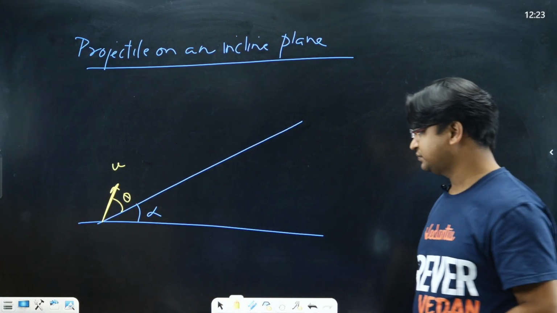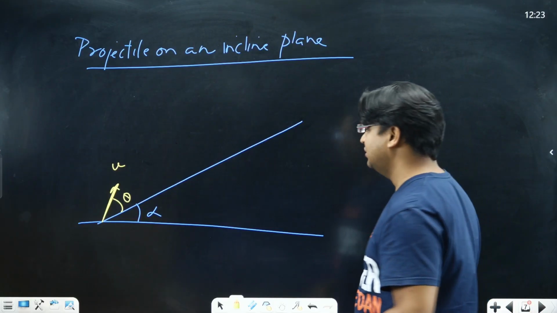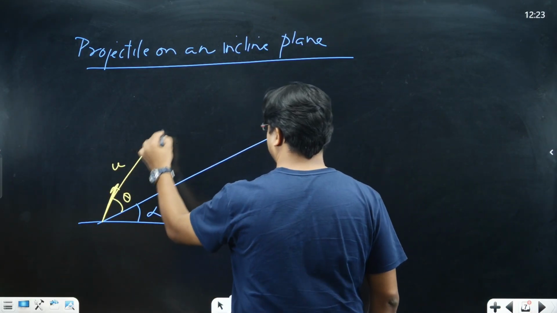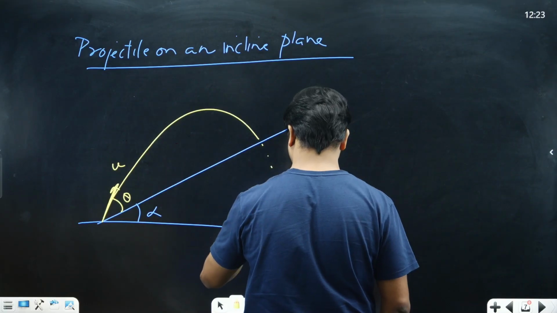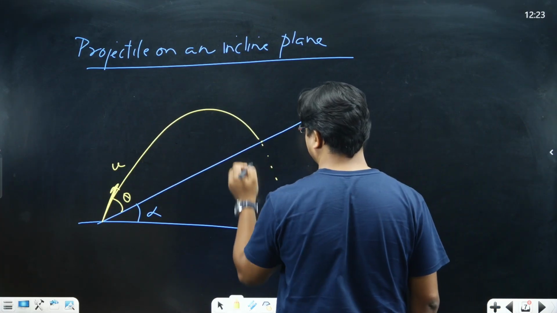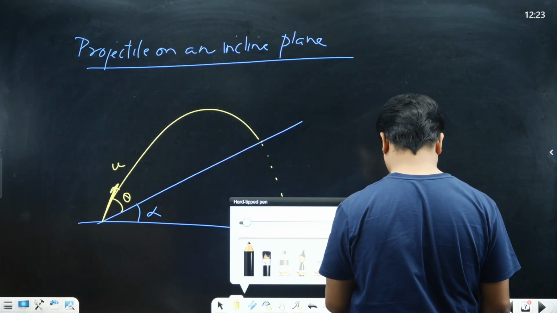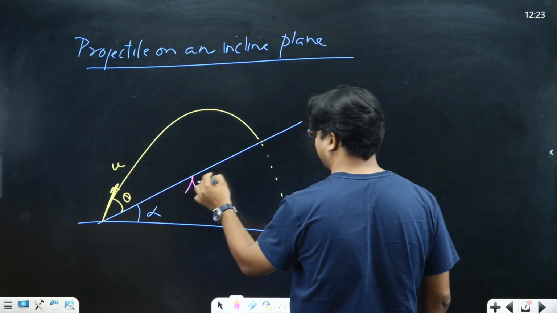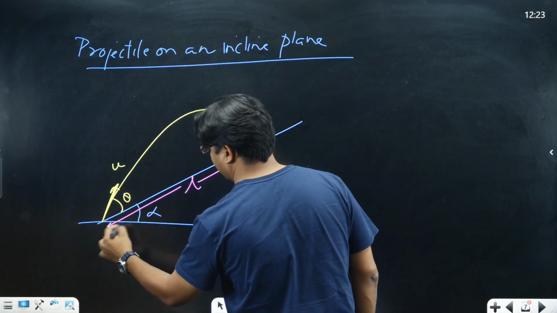Then the particle would follow a parabolic trajectory that would be cut short here, and let's call the range along the inclined plane L.